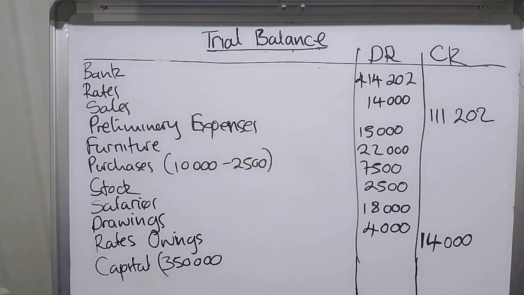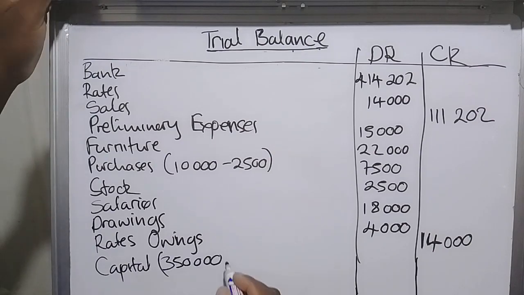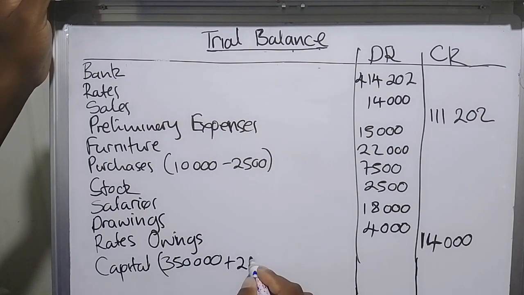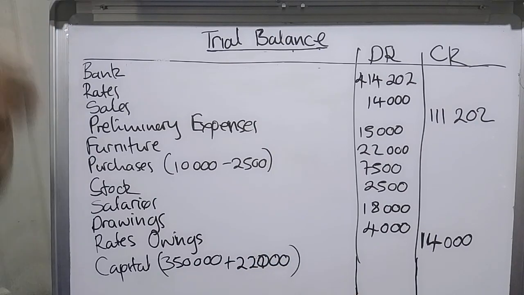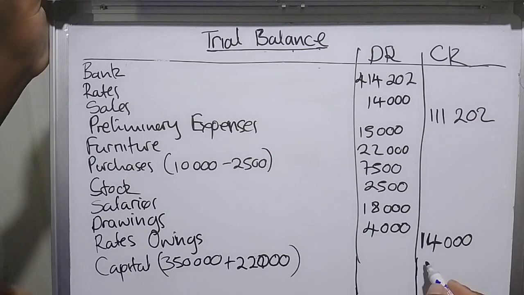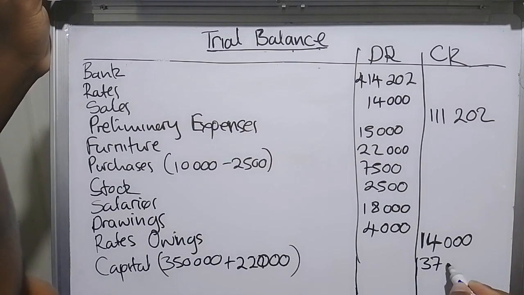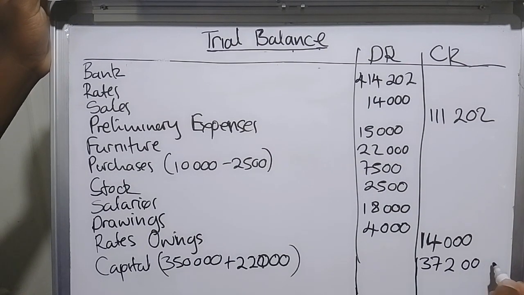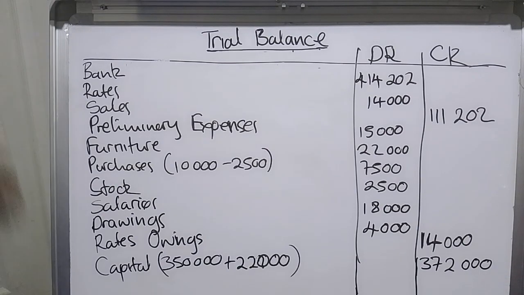But another asset was added in the form of furniture, which had the value of 22,000, and this furniture adds up to the capital. So 350,000 plus 22,000, we get 372,000 for our capital.